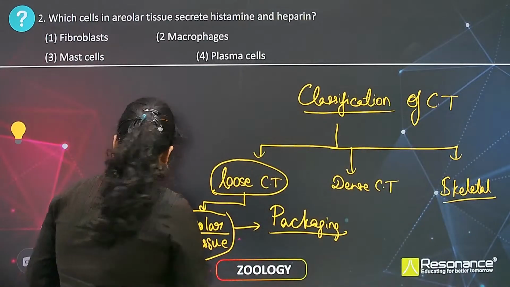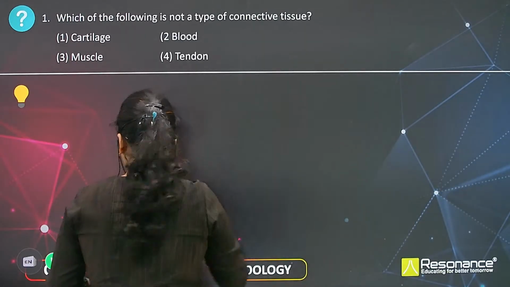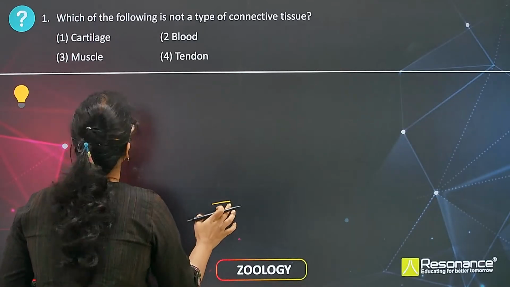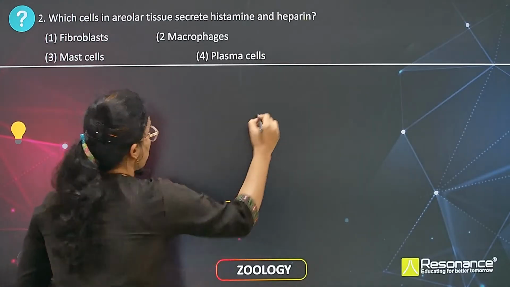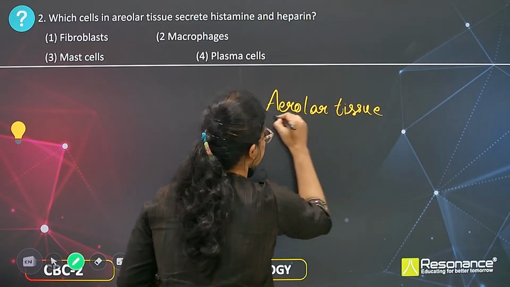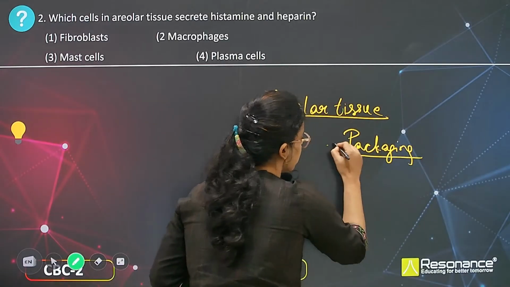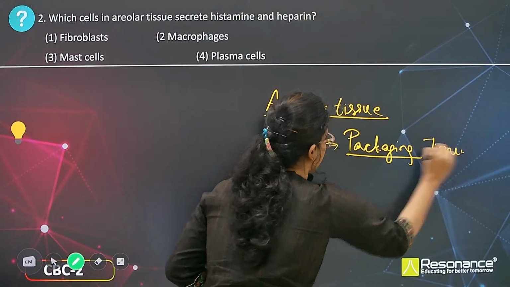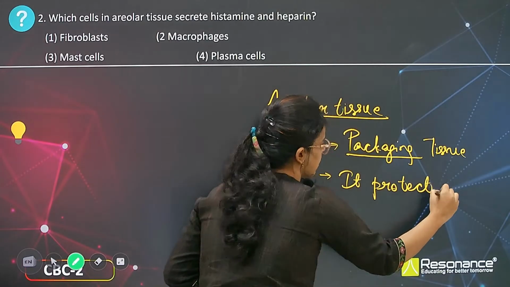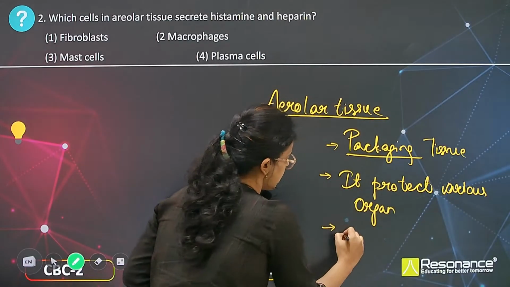So as I've told you, areolar tissue consists of various components. It is for packaging, and it is also called packaging tissue. It protects various organs, and it is the most abundant tissue.